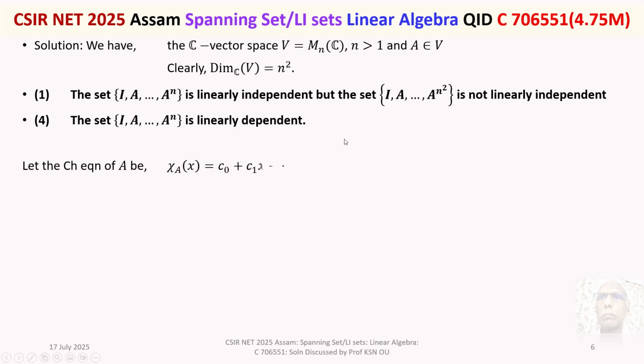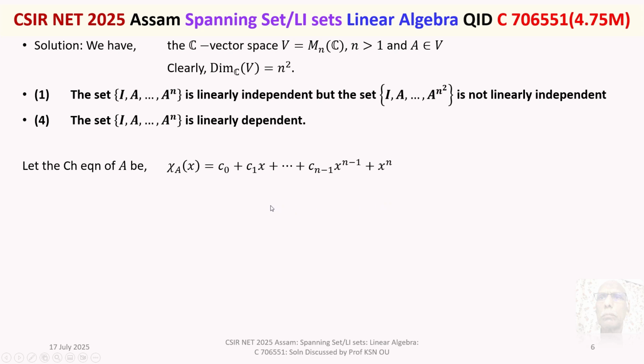Let the characteristic equation of the matrix A be chi A of x is, let us say, C0 plus C1x plus etc., plus Cn minus 1x to the power of n minus 1 plus x to the power of n. The leading coefficient of x to the power of n will be 1.